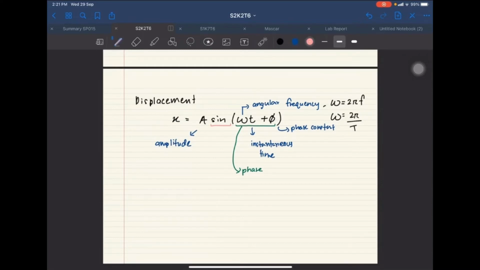And every time you write this kind of equation, you have to write down the unit. So how to write down the unit? You have to state where X is in meter and T in second. So if you use SI unit, this is how you should write it. Kalau X in centimeter, then you write X in centimeter.